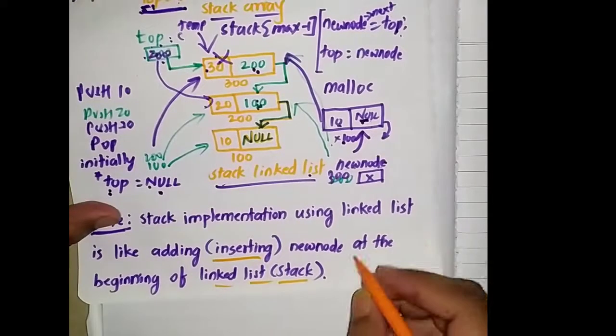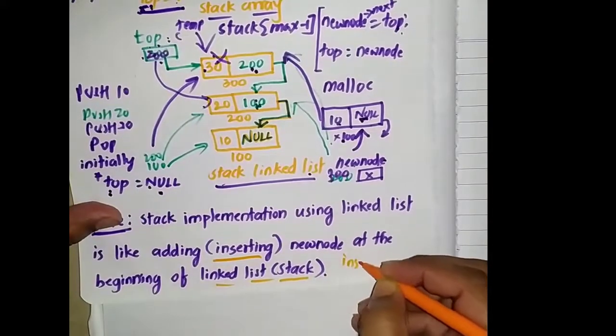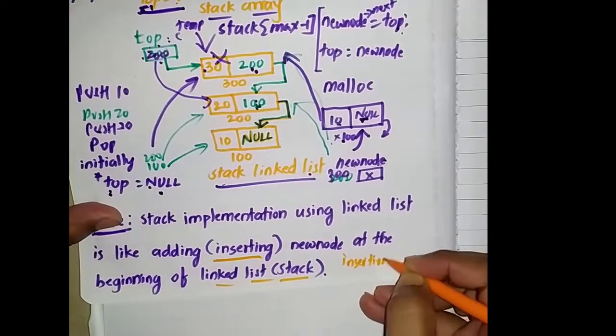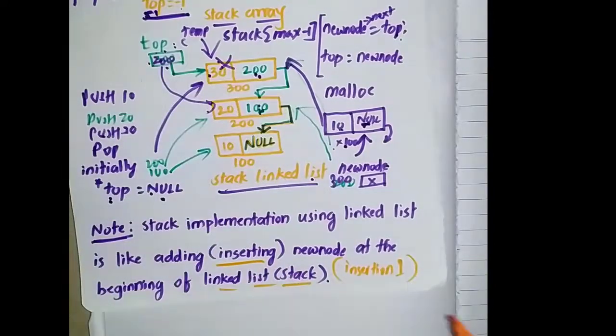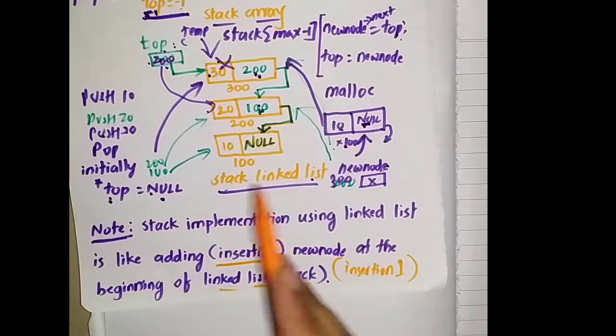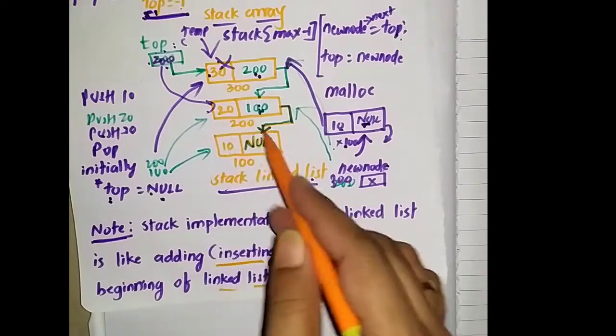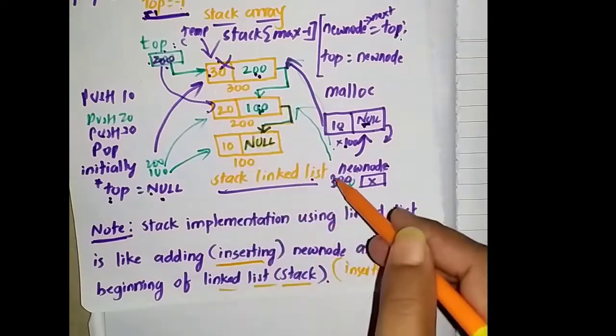In that, for insertion operation, we have seen three cases, right? In the first case we have seen insertion of the new node into the linked list at the beginning. So that program is an exact replica of the stack operation. All the time a new node is taken and it will be inserted into the beginning. That's how the stack is implemented using linked list.